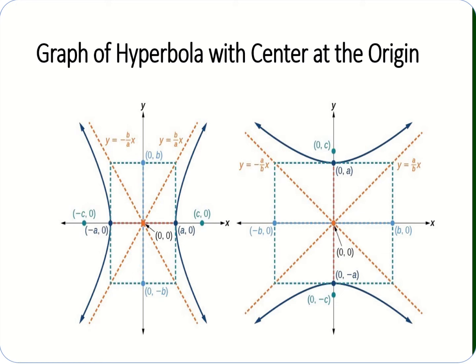And for the vertices, V sub 1 and V sub 2, (negative a, 0) and (a, 0).